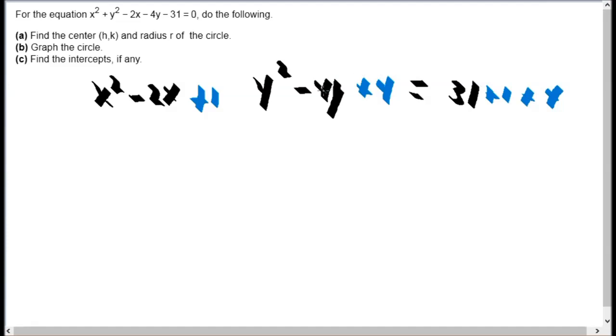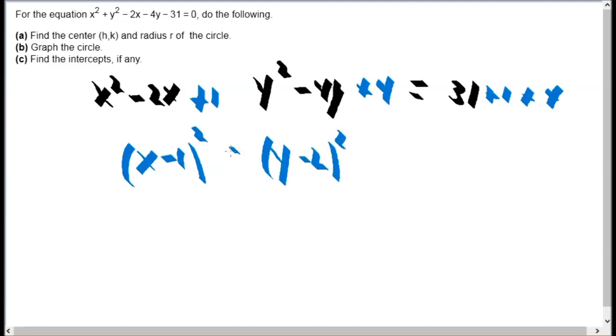Half of 4 is 2, 2 squared is 4, half of 2 is 1, 1 squared is 1, and so on. This becomes x minus 1 squared. This becomes y minus 2 squared. Of course, there's a plus sign in between them, and then we have 36 over there when we add it all together.